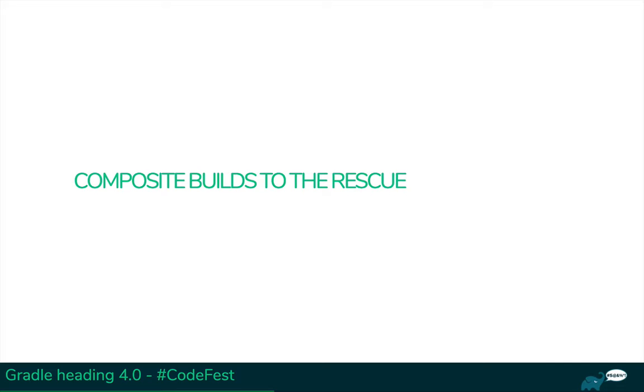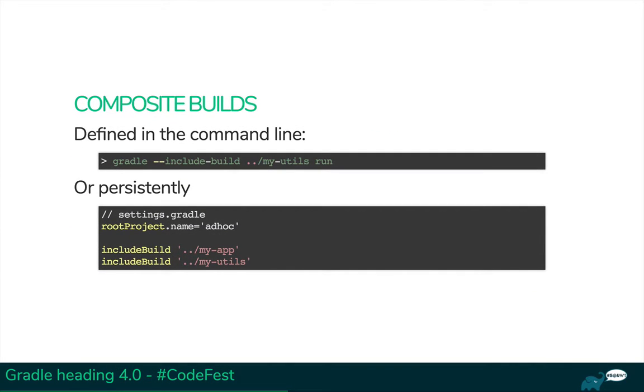So we have separate projects, and you have an external project and you can include that into your project here. So how does it work? There are two ways to do that. One is from the command line by just using dash dash include build and then reference the external project you want to include.